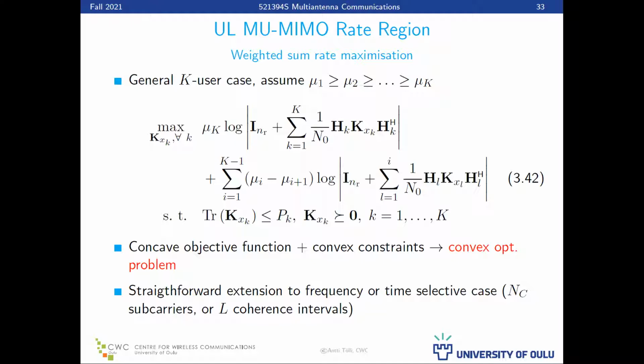And then you add here a summation over subcarriers. That would be the sum rate over subcarriers. And that's it. And also you should add here a summation over the subcarriers, upper bounded by the power constraint. Otherwise, it works the same.